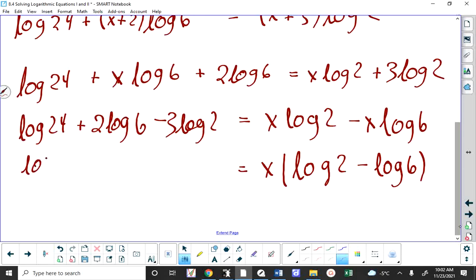This is equal to log 24 plus, I'm going to put these up top now, I'm going to write 2 log 6 as log of 36, and 3 log 2 is log of 2 to the 3, which is log of 8.